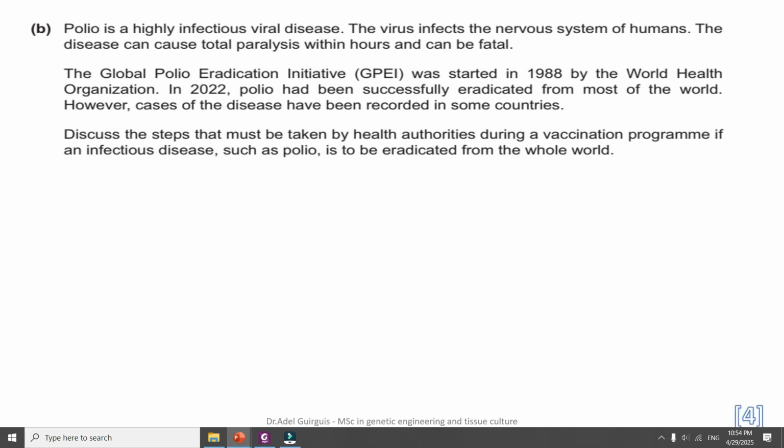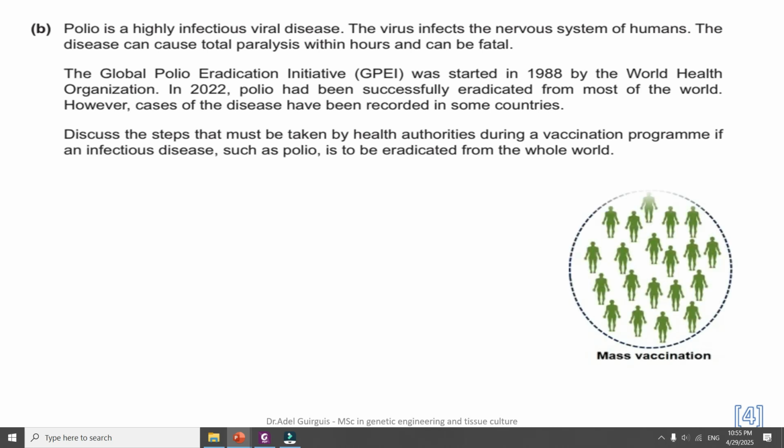In this question we are asked about a vaccination program, how it is done against the polio virus. Of course, health authorities have to take into consideration providing this vaccine freely for countries and populations, especially poor countries.